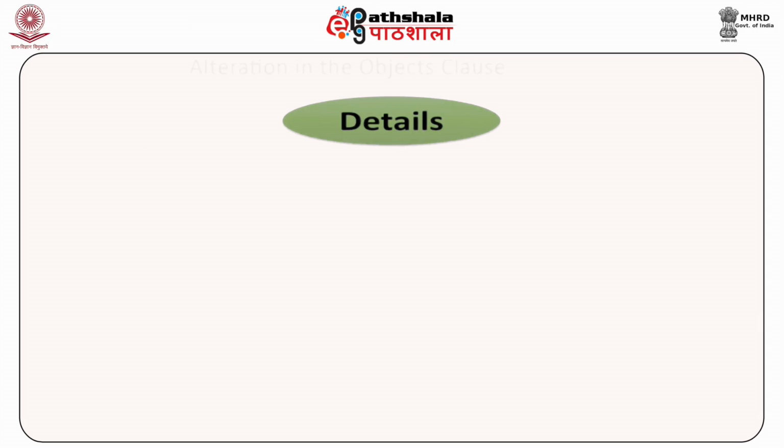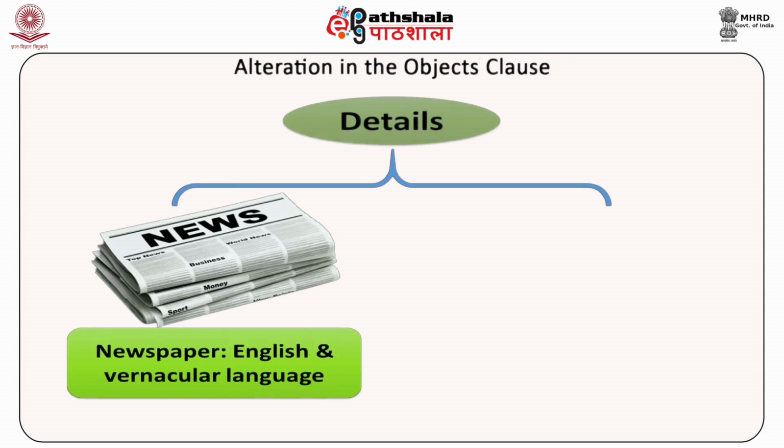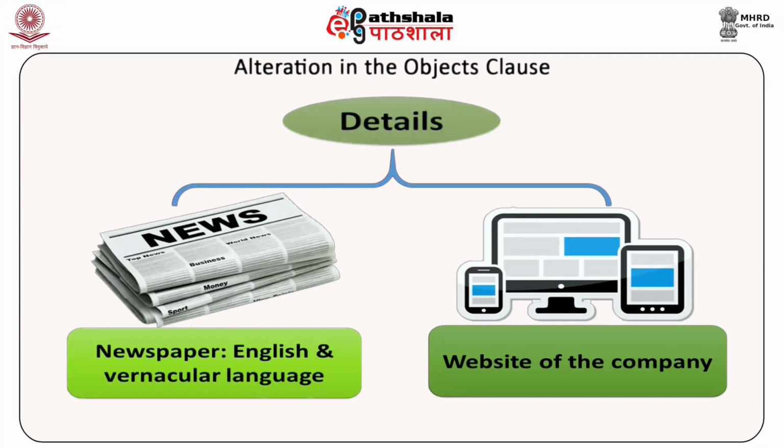The details, as may be prescribed, in respect of such resolution shall also be published in the newspaper, that is, one in English and one in vernacular language, which is in circulation at the place where the registered office of the company is situated, and shall also be placed on the website of the company, if any, indicating therein the jurisdiction for such change.